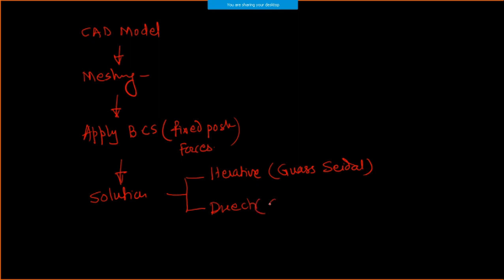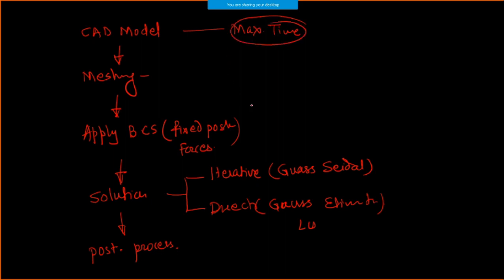In this direct solver, we use a Gauss elimination type of solver, or you can have LU decomposition and many other tridiagonal matrix kinds of solvers. Once you get the solution, then we are going to do post processing. Actually, when we are doing any computational calculations, we spend the maximum time in the modeling. Maximum time it takes is the modeling. Second, we get a little time.